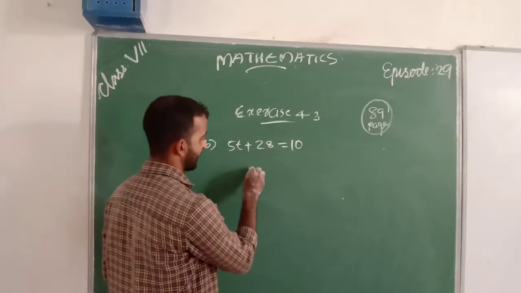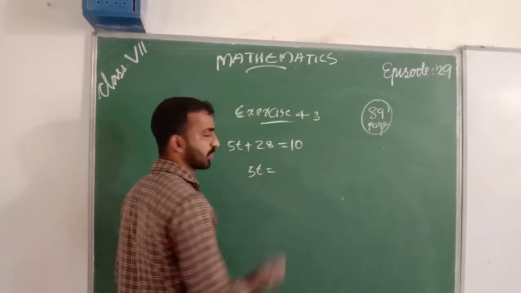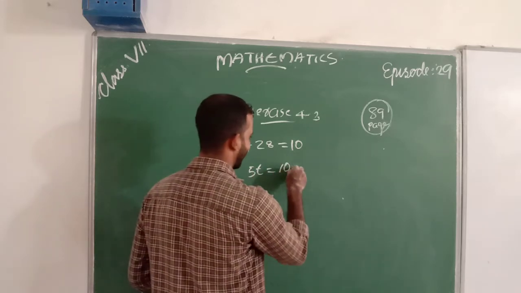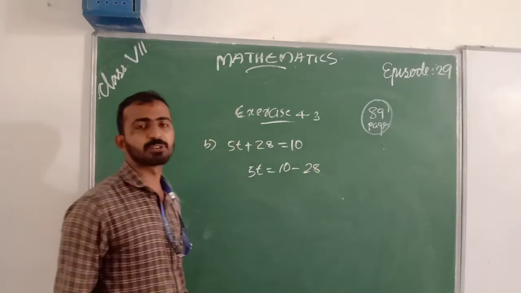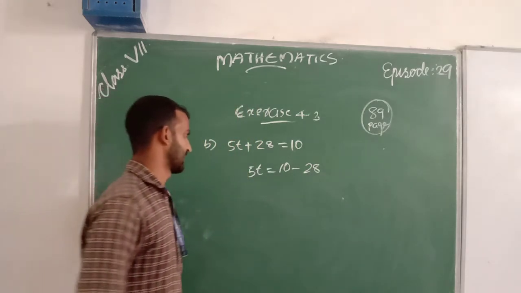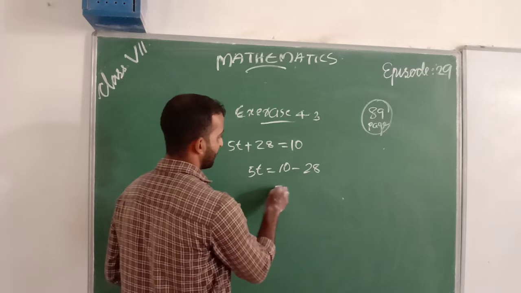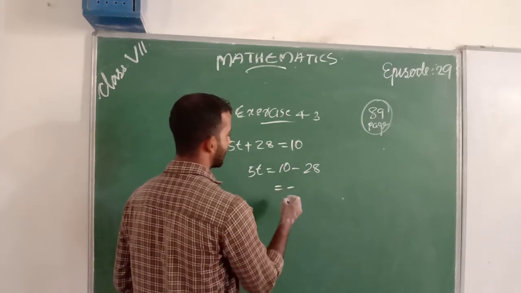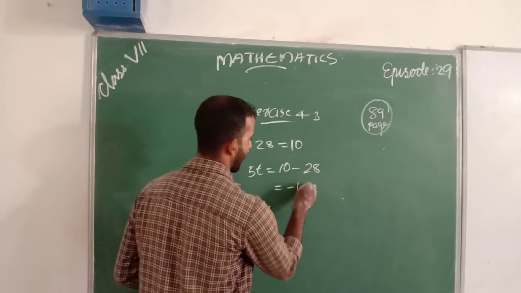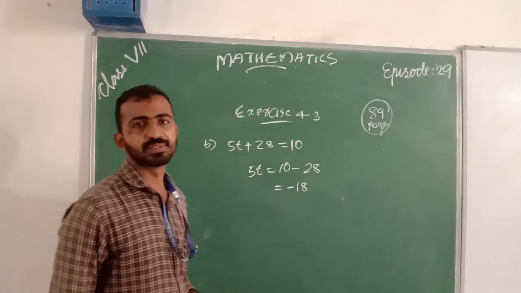Yes, 5t equal to 10 minus 28. 28 is transposing, is it? Yes. Here we get negative 18.